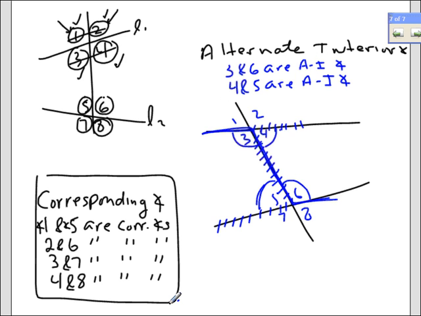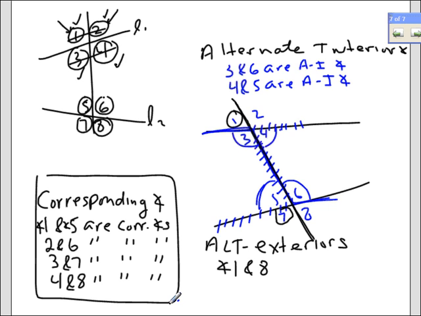The alternate exterior angles. Well, you have 1. 1 is exterior, and the only exterior angles at the bottom are 7 and 8. It's the ones that don't correspond. Well, okay. They shouldn't lie on the same side of the transversal. 7 lies on the same side.